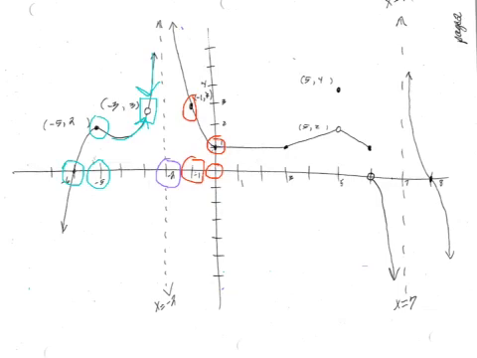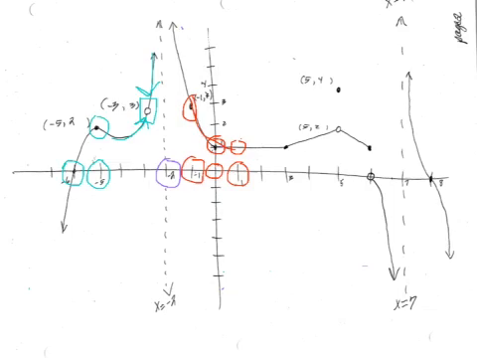Now we want to find the limit as x approaches 1 from the negative side. At the x value 1, we do have a coordinate at 1. So if we approach it from the negative side, the y value would be 1. So the limit as x approaches 1 is 1.